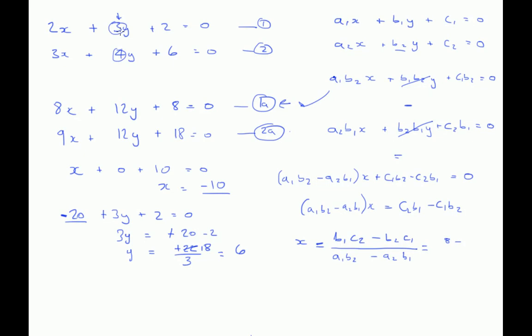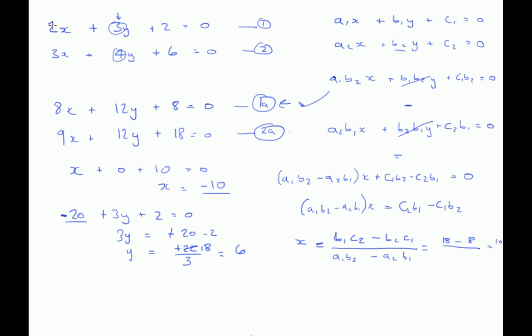B1 is 3, C2 is 6. So 3 6s are 18. And then this one here, B2 and C1. B2 is 4, C1 is 2, 2 4s are 8. So we have 18 minus 8 on the top, which is equal to 10.